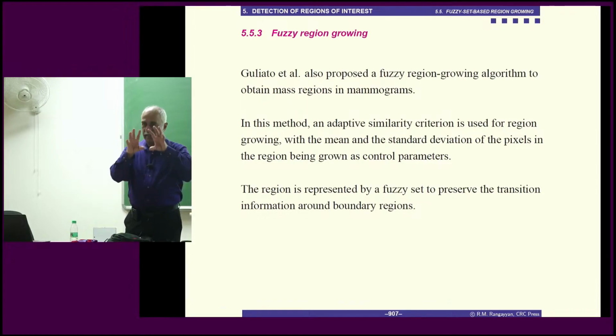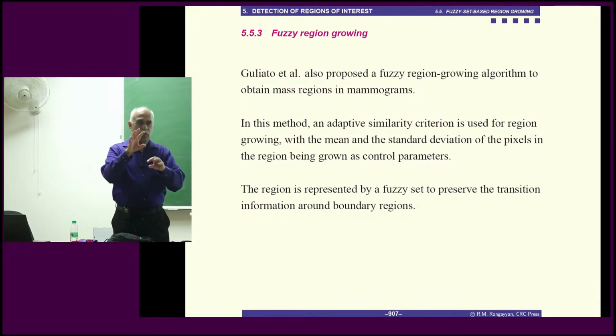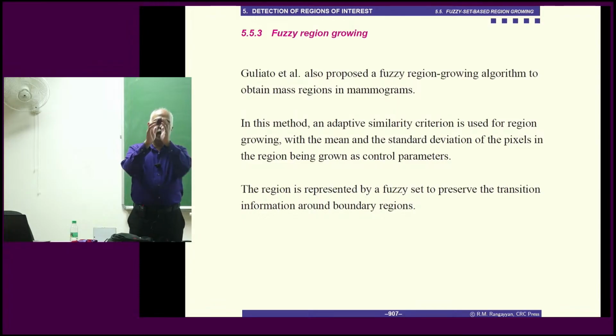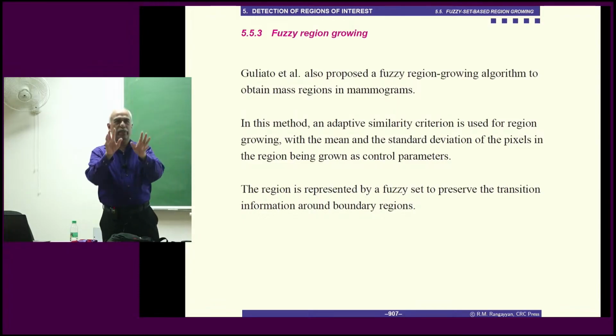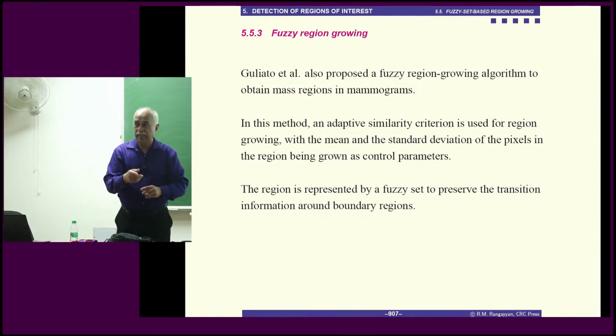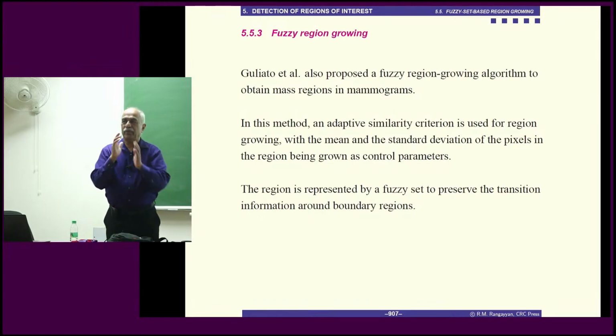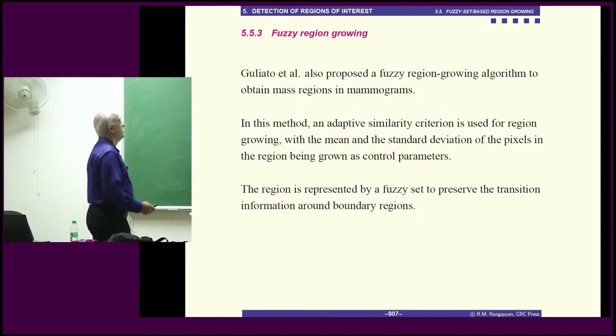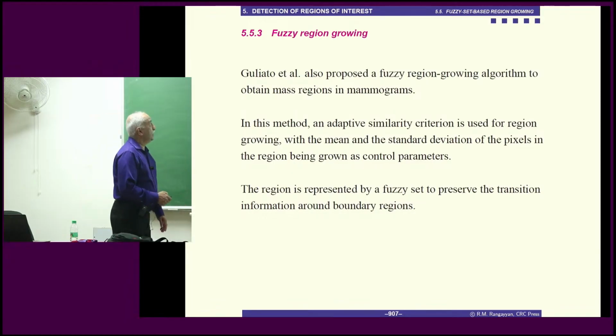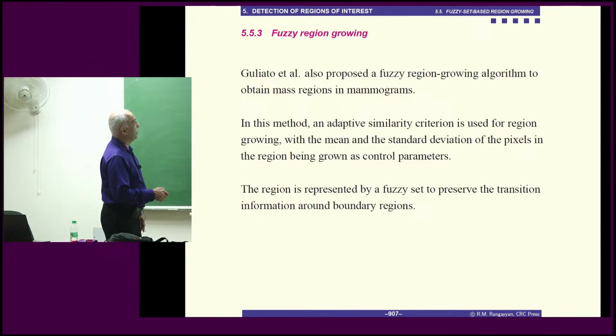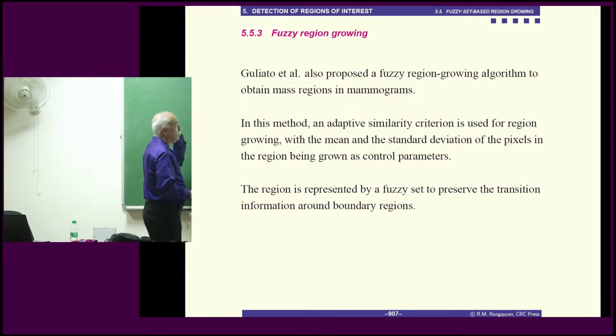Instead, if you can find a fuzzy region that approximates the tumor with high membership inside and low membership in the boundary, and at some point it stops, we can compute other features independent of the boundary using this fuzzy membership. So for that, we said we will grow fuzzy regions. Here, an adaptive similarity criterion is used for region growing, with the mean and standard deviation of the pixels in the region being grown as control parameters.